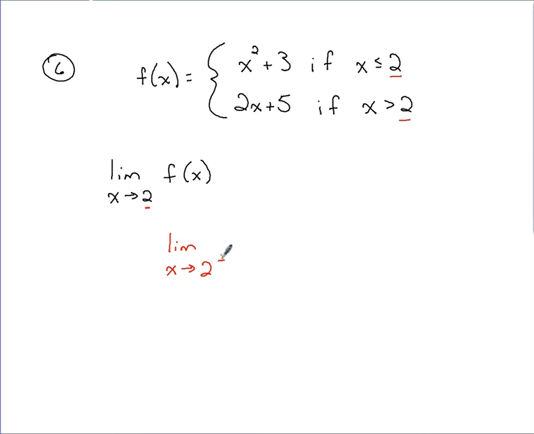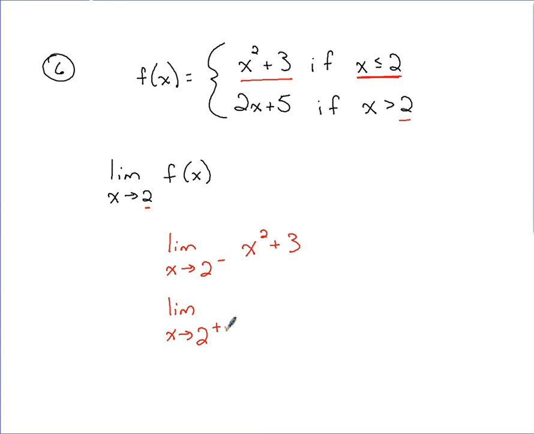Right? From the left side. So it would make sense to pick the first piece and apply this limit to x squared plus 3, because that's where, for this function, we have defined x values that are less than 2. Less than, left side. At the same time, we set up a right-hand limit.